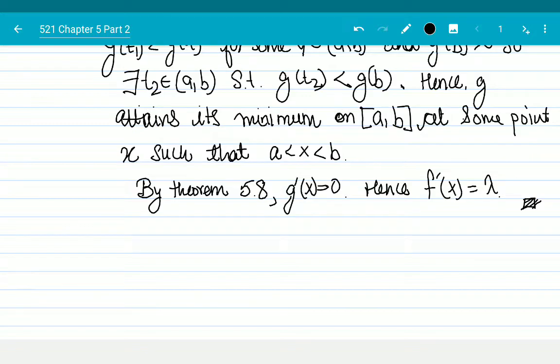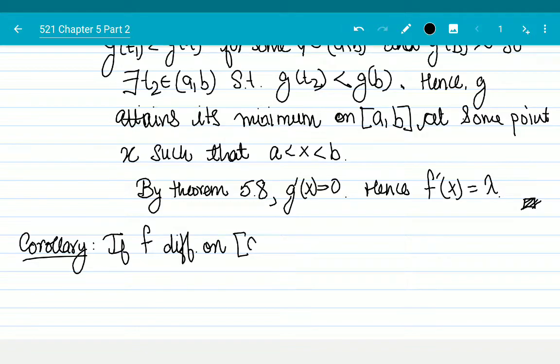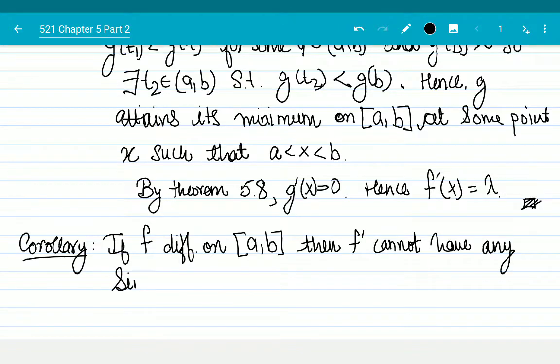An important consequence of this is a corollary. If f is differentiable on (a, b), then f prime cannot have any simple discontinuities.